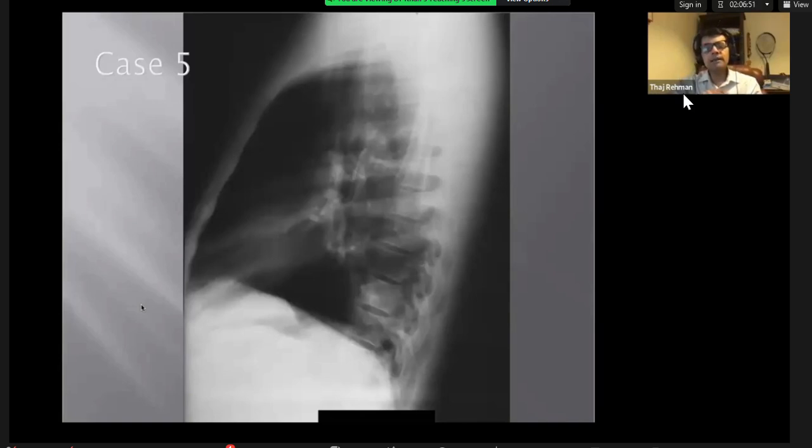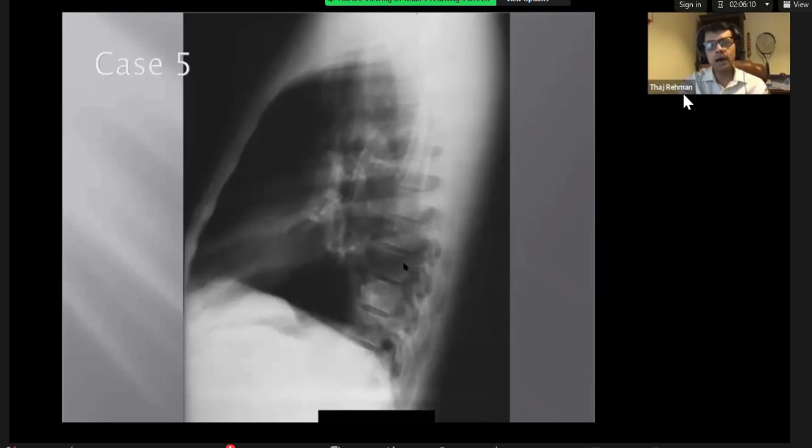So spine sign means that as you go down, the spine should become gradually more lucent from top to bottom. In the thoracic spine on a lateral chest radiograph, it gets more and more lucent. That's because the lung has larger volume in the lower lobes, and because lung is air, the density of the spine gets less and less as you go down in a lateral chest X-ray.